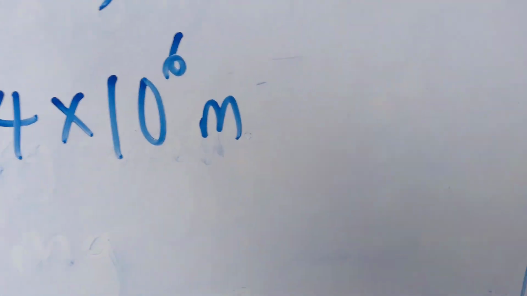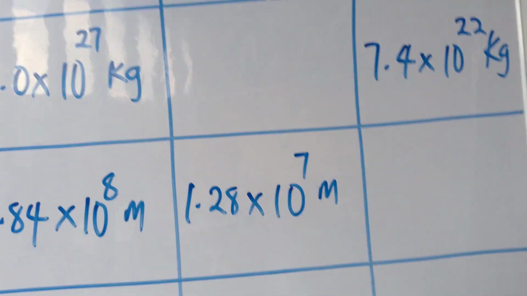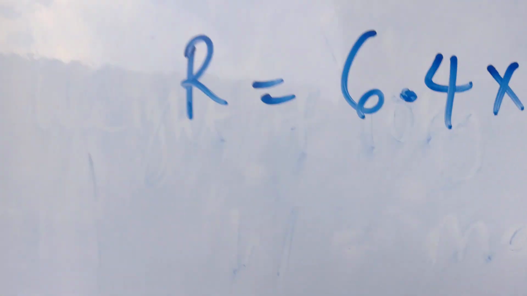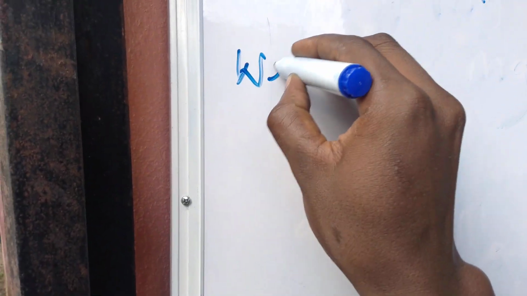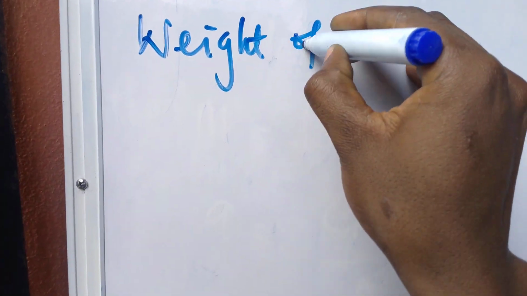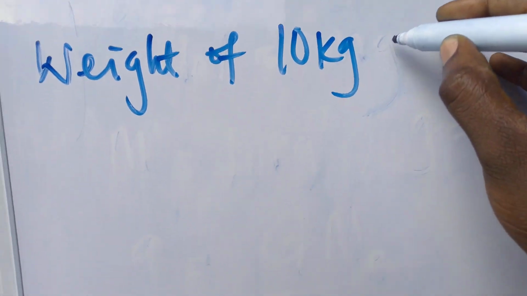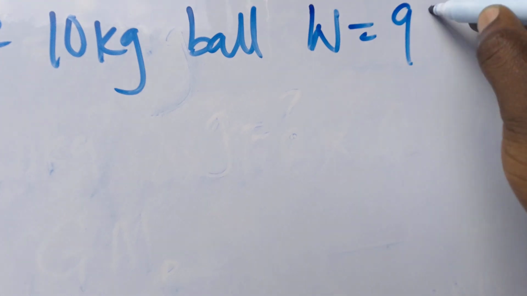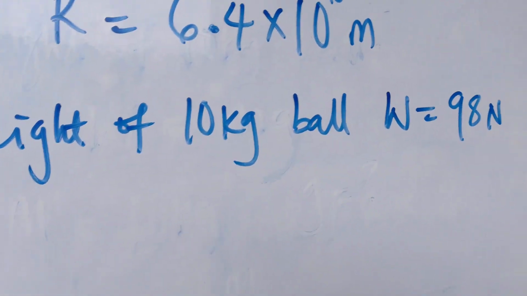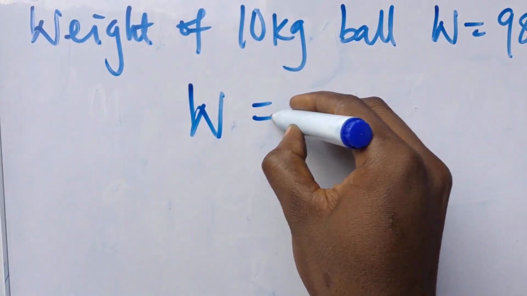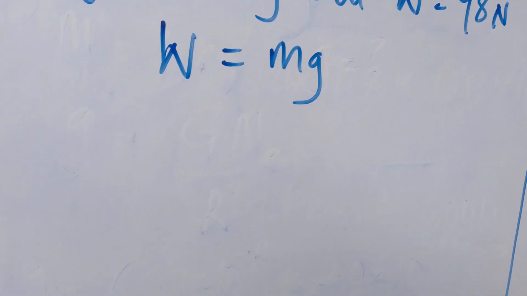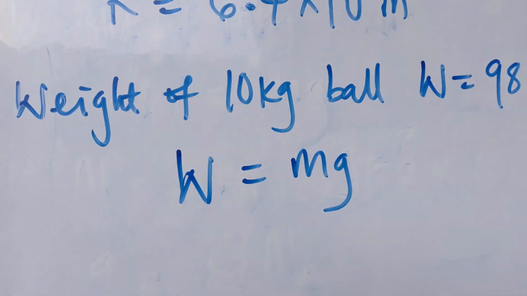Now let's look at how we can find g. The weight of the 10 kg ball was given to us as 98 Newton. We remember that W is equal to mg, so you can make g the subject of formula.